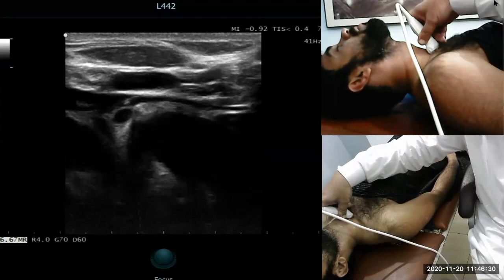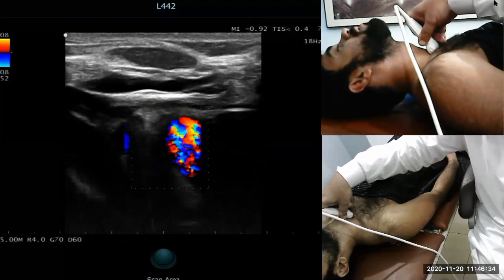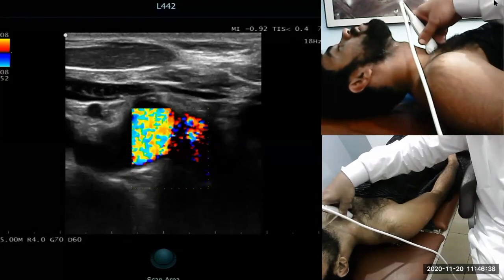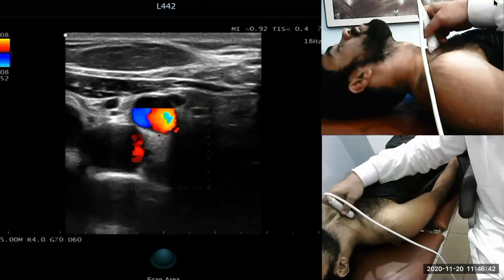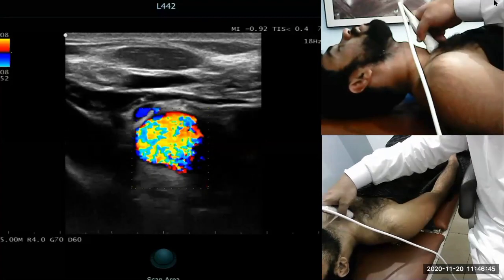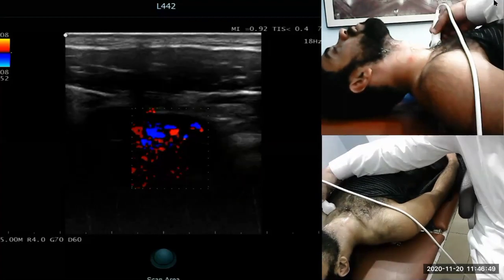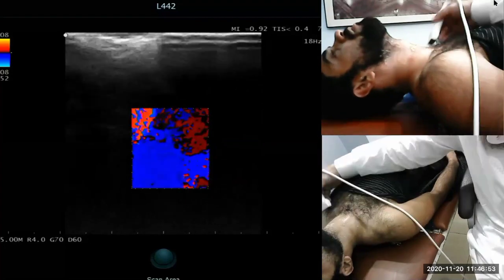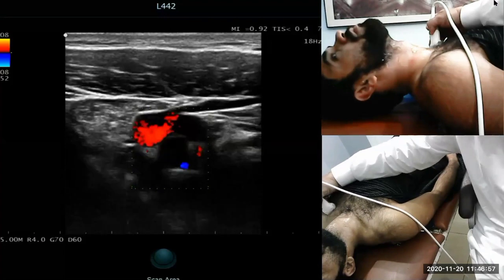The branches coming from the arch of aorta, and similarly from this side we will see the left subclavian.